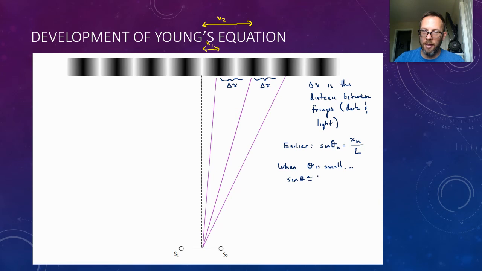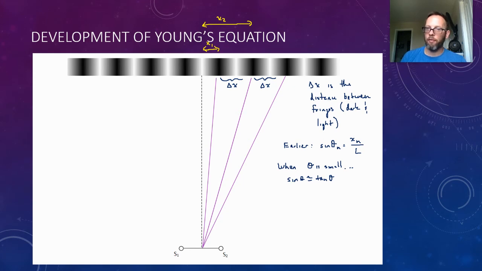Sine theta and tan theta are approximately the same thing, because the hypotenuse and the adjacent side are so long that O over H and O over A actually become very close.